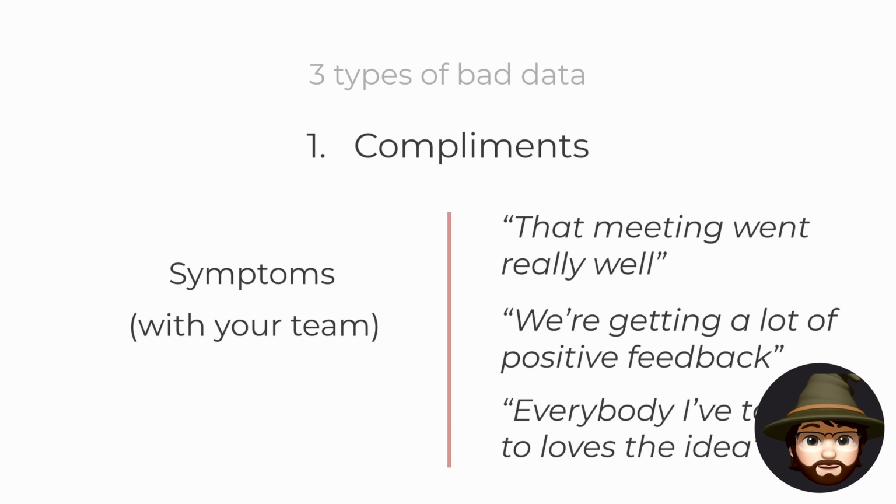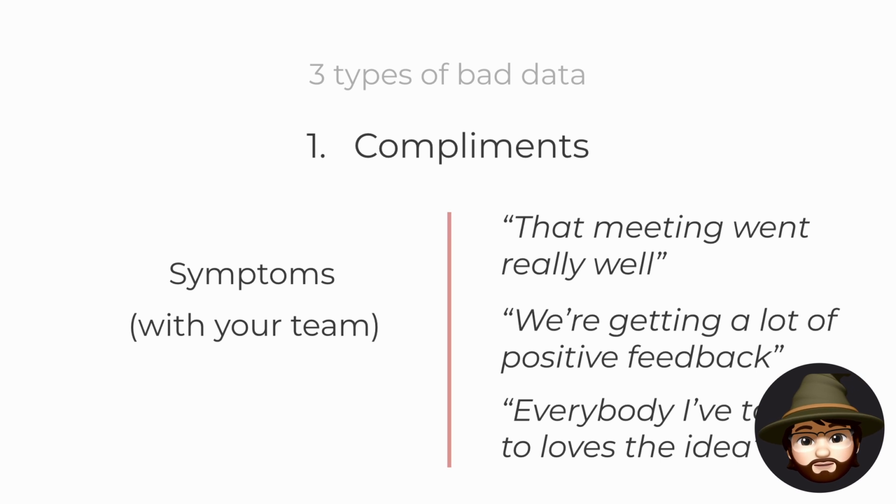And more carefully, try to avoid these symptoms when you are talking with your team, because instead of only biasing yourself, you're biasing your entire team. So try not to communicate things like "that meeting went really well," because what does "really well" even mean? You're just learning at this point. Or "we are getting a lot of positive feedback."